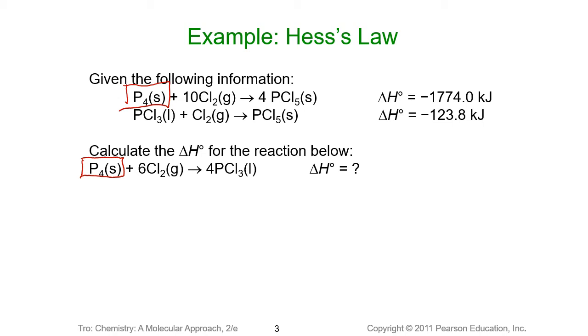Now I look to see what is going to make them the same. So there is 1 mole of P4 on the reactant side for the reaction we're trying to make, and there is 1 mole of P4 on the reactant side for the reactions we're given. This tells me that I don't have to manipulate the reaction in any way.